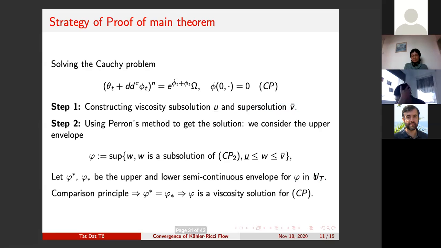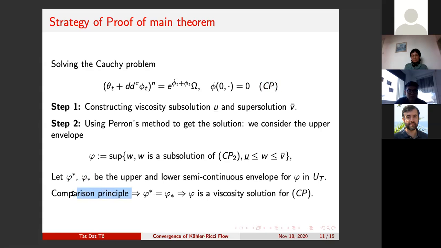And then using the comparison principle, of course, we need an extra argument, but I want to say simply that using the comparison principle, we can say that phi upper star is a subsolution as well, and phi lower star is a supersolution for this Cauchy problem.